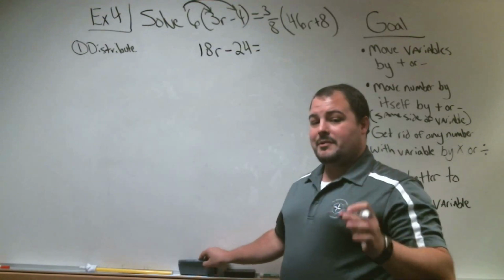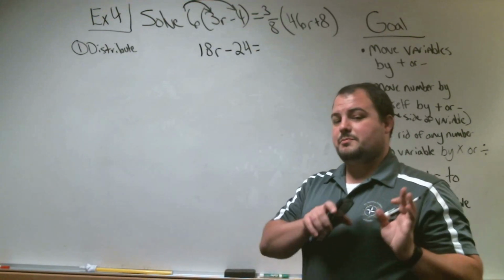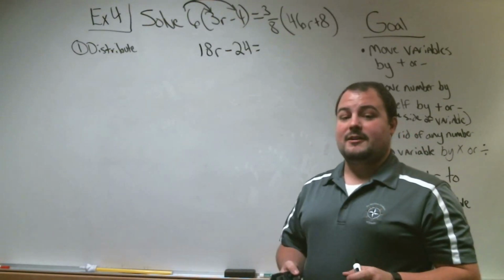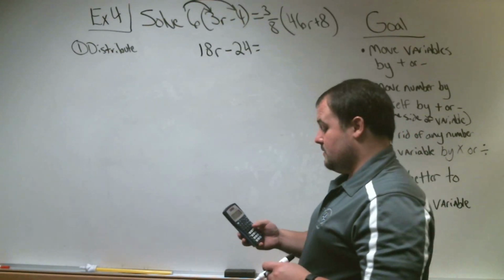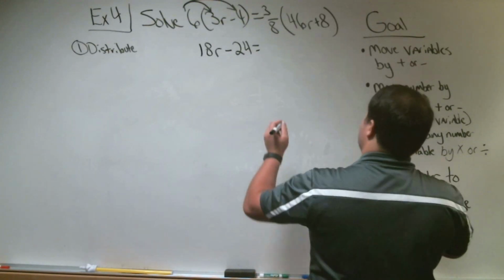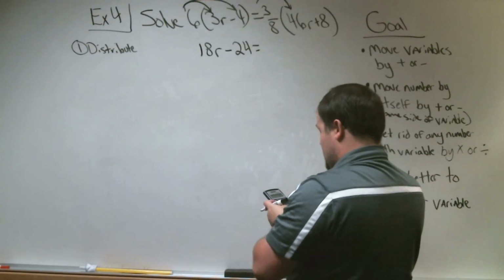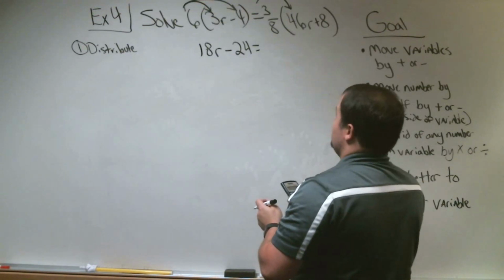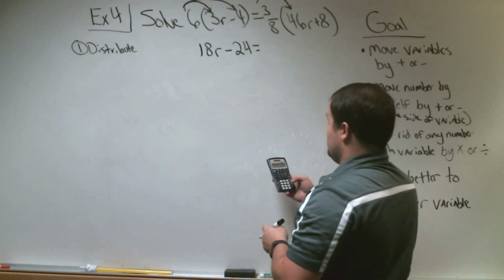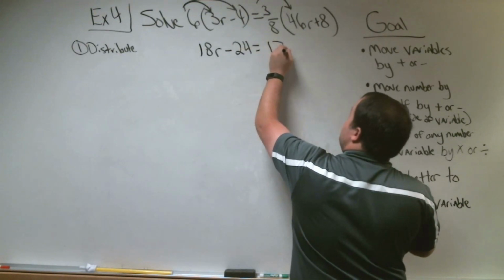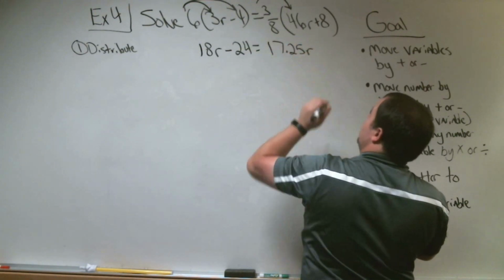So in this case, I'm going to use a calculator to help me out with the fraction, but I'm still going to approach it the same way because I know that 3 times 46 might make a bigger number, so we'll try this. So first thing we're going to do is we're going to take the top times 3, so 3 times 46, that's 138, and 138 divided by 8, this gives me 17.25r.